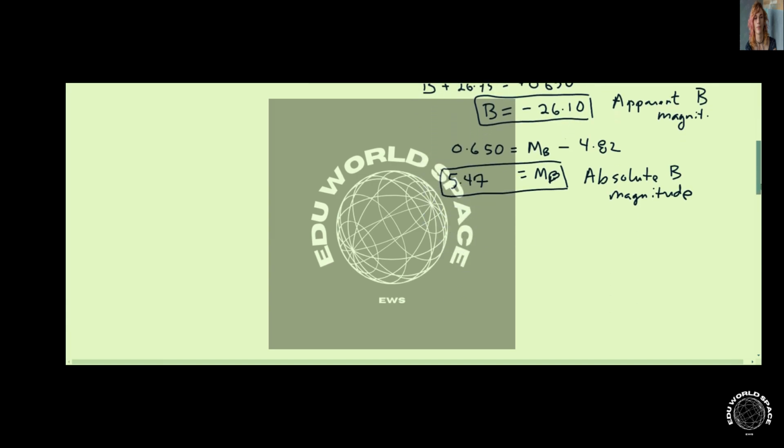And we can do something similar with U minus B. U minus B is equal to, from the table, 0.195. And that is equal to a couple things, but we will start with the absolute magnitude of U minus the absolute magnitude of B. And you can see sort of the bootstrapping: you find an unknown through one filter, and you move from there.